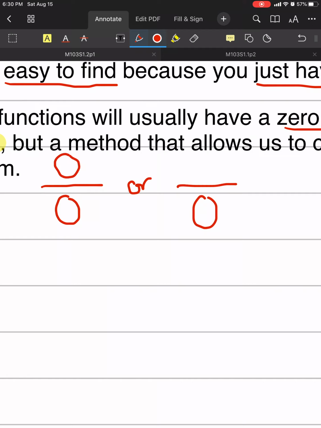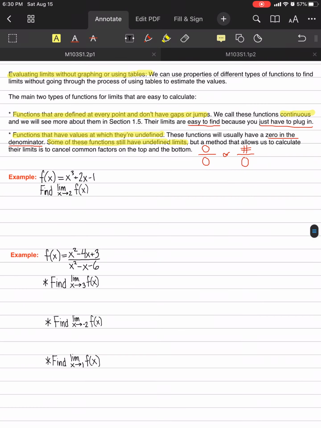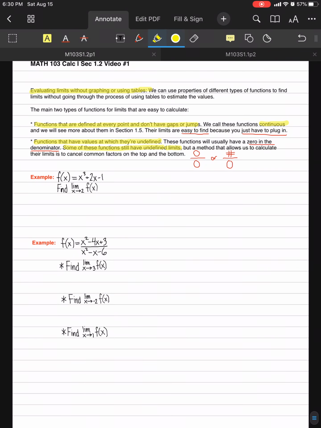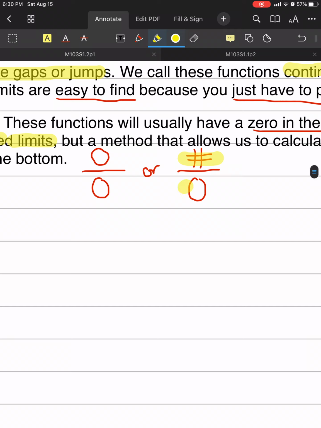One option is we have a 0 over 0, and the other option is we have some other number over 0. I've just put a number sign there for that. So these are the two options here. If you have this second one, a number over 0, that limit is going to be undefined.